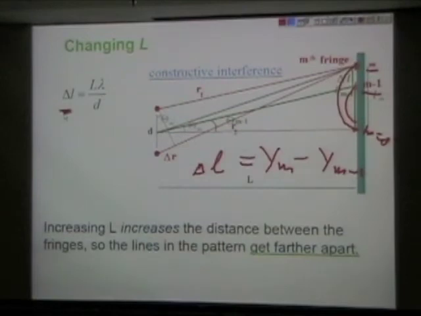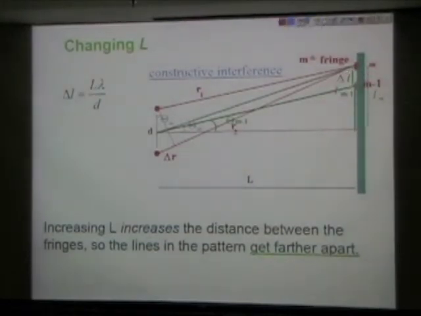And the calculation, that's a nice exercise, will give you this result, for small angles. Now this expression explicitly has this variable in it, and that also helps to figure out what is happening when you change it. When the distance L between the screen and slits increases, the distance between the fringes increases.